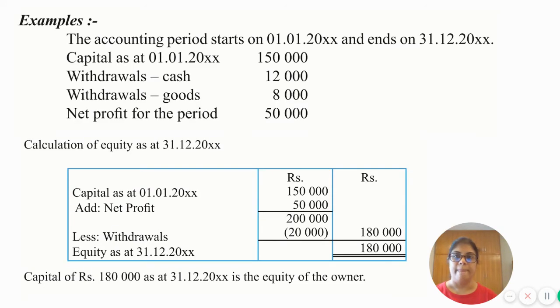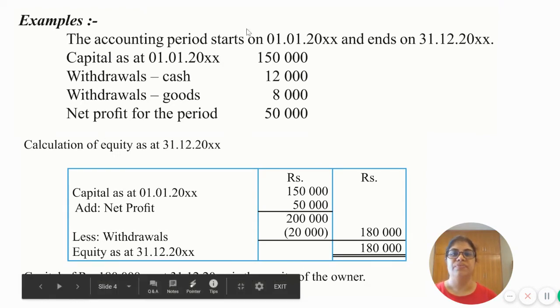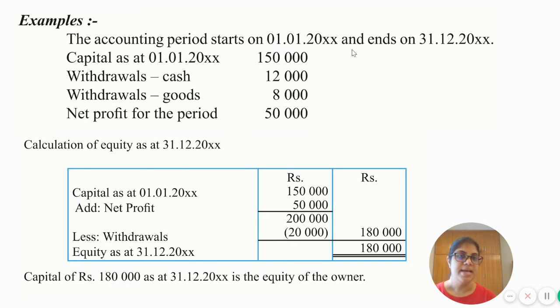Then here I have got an example. It says the accounting period starts on 1st January, let's consider it as 2019, and ends on 31st December 2019. Capital as at 1st January 2019 is 150,000 rupees. Assume that all these figures are in rupees. And the withdrawals: withdrawals of cash worth 12,000 and withdrawals of goods worth 8,000 are there in the business during this accounting period.